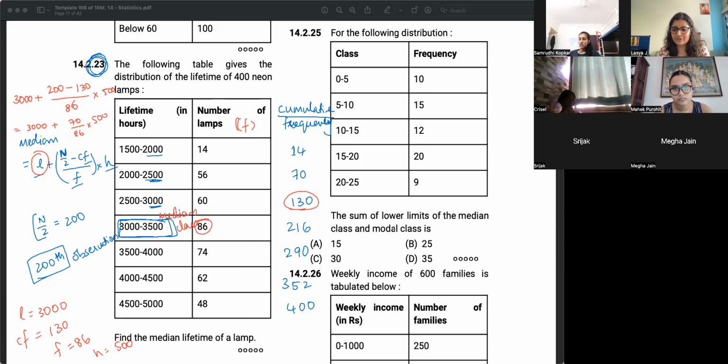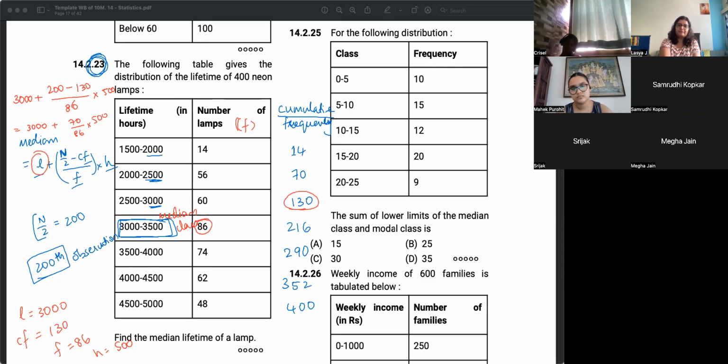Srijak, now you got it. Okay. Mahak got it. Okay. Tia, Agrima, Anika, and Kashvi. What happened? I'm doing, I'll send it.